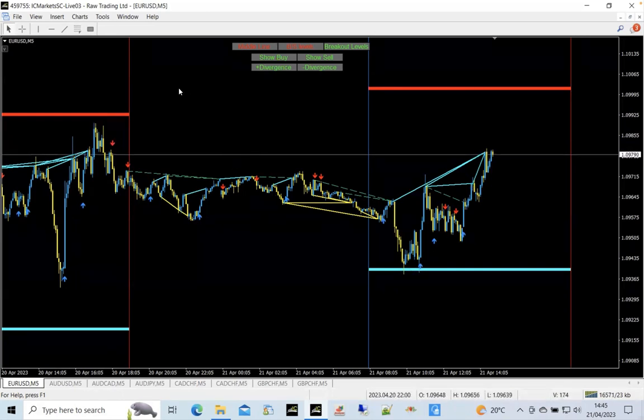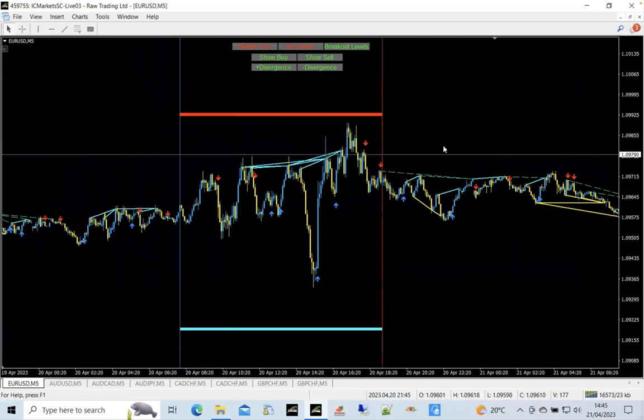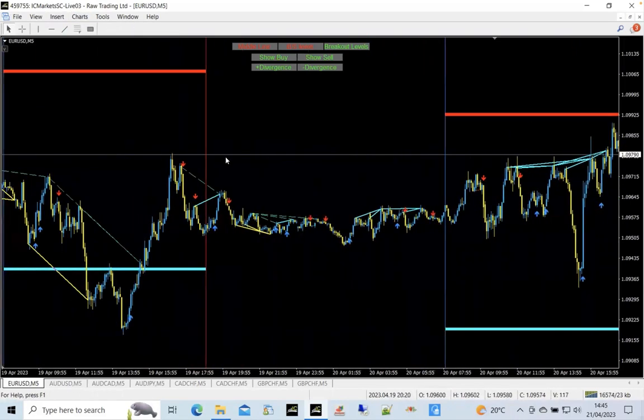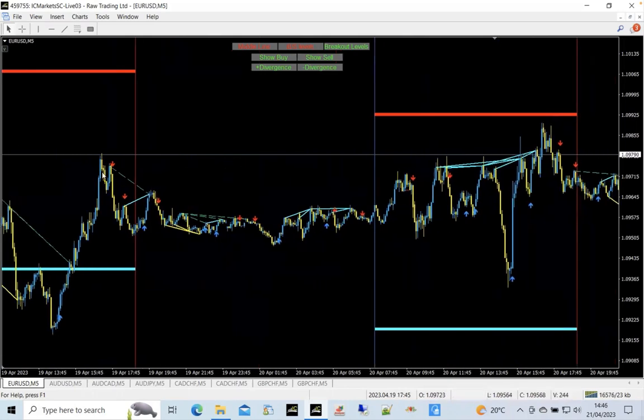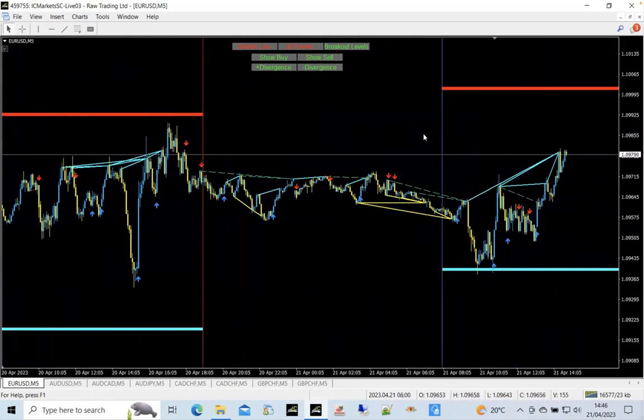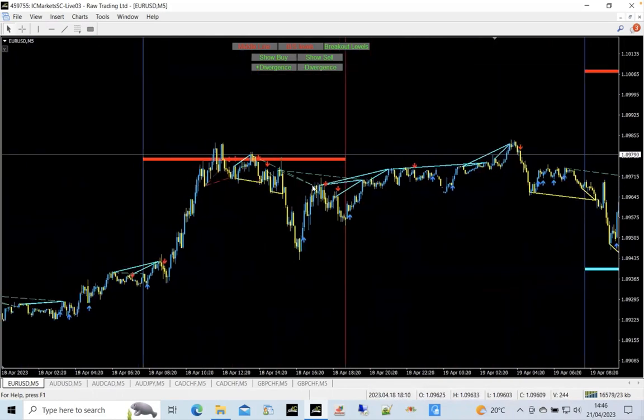So when you have a breakout level that fails, your target is going to be the opposite breakout level. For example, as you can see, this failed. It went up a little bit and then tried to go to the other level, but sooner or later it should touch it. Okay, so this is the idea about these levels.